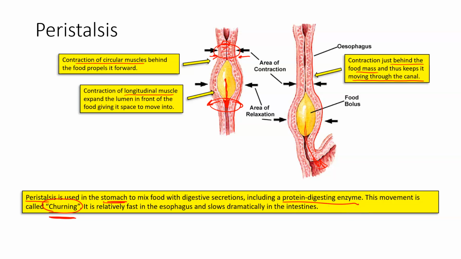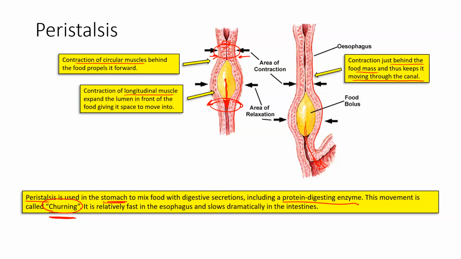The protein digesting enzymes that are readily available in the stomach. It also kneads in or incorporates the stomach acid to help kill the microbes that might be coming into our digestive tract through the food.